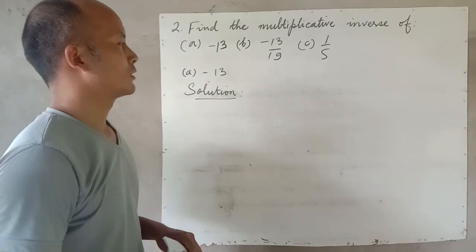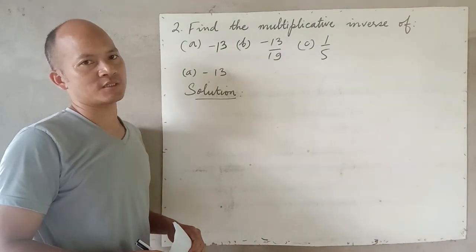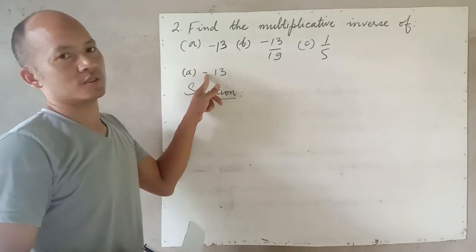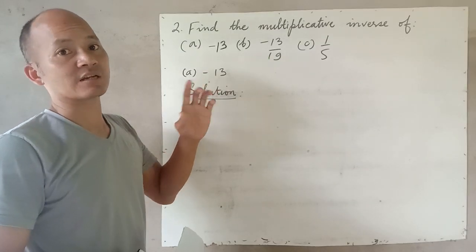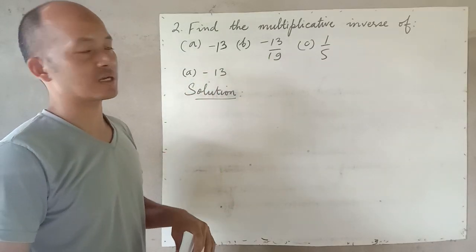Alright, in the case of multiplicative inverse, it is not the opposite, it's the reciprocal.